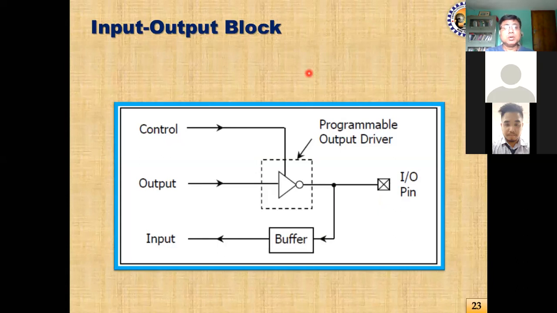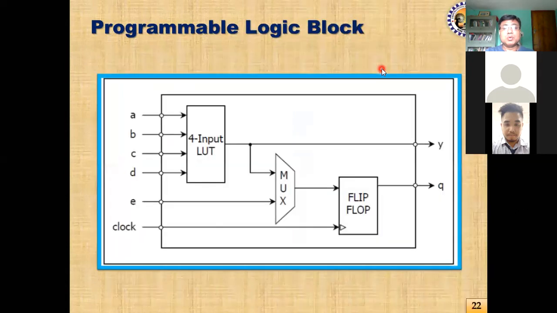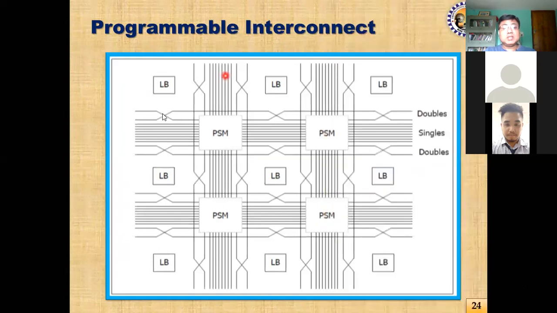Next, I will talk about the programmable interconnect. Let me go to this diagram again. We are going to talk now about the horizontal and vertical routing channels. These are our horizontal routing channels and these are our vertical routing channels. These are our logic blocks.